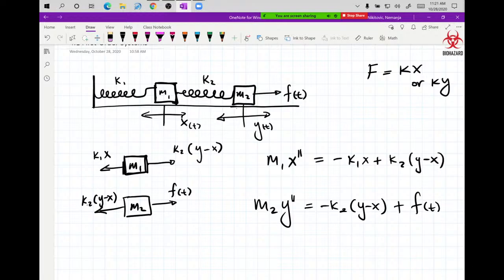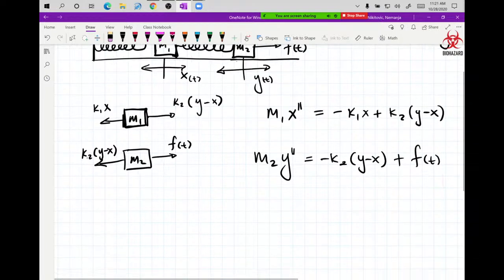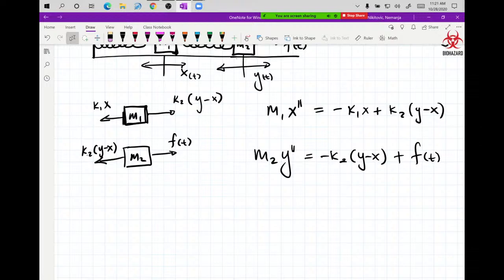So now all we need to do is make these equations nicer. And when we multiply everything, we can separate x's and y's and all of that stuff. So let's take a look what we get.